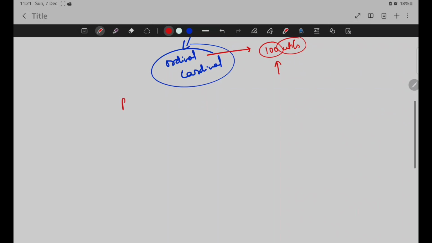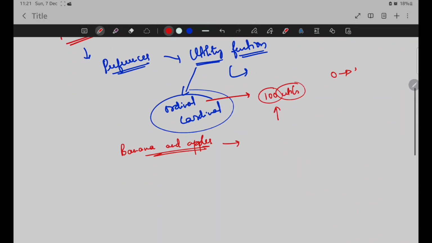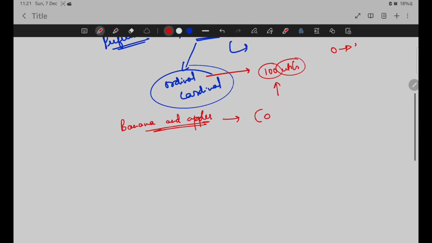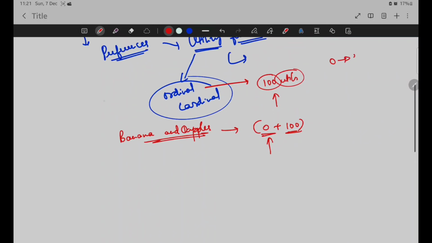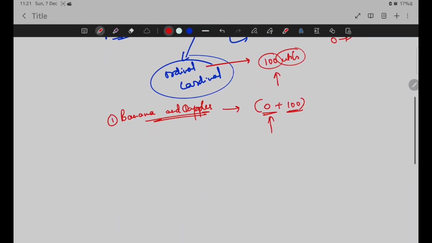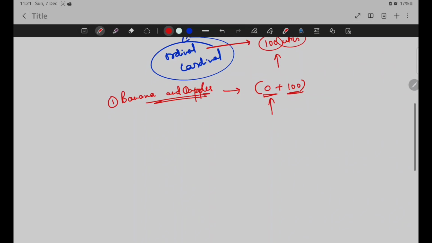Assume that there is banana and apple. These are the two things. How much are you getting? You are getting 0 plus 100 utils. So by eating banana you are not getting anything, and by eating maybe one apple you are getting 100 utils.